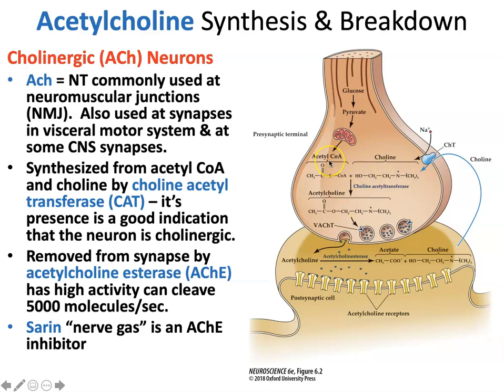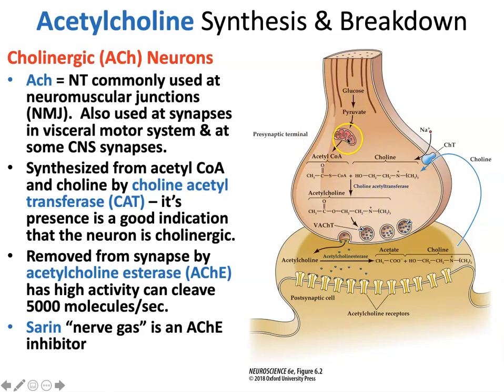You can see acetyl-CoA and choline will be utilized together along with choline acetyltransferase to produce acetylcholine. This is all happening at the synaptic terminus, and the acetylcholine will be transported into the vesicles using an acetylcholine transport channel. So this is an example of a neurotransmitter that's packaged at the synapse.